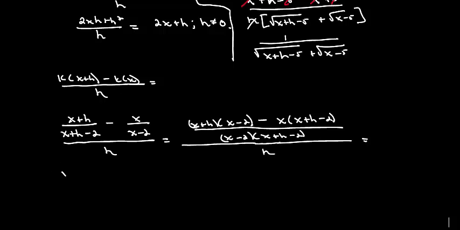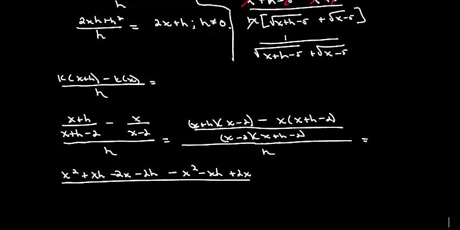So this is going to give me x squared plus xh minus 2x minus 2h. And over here it'll be minus x squared minus xh plus 2x. Now that's over this still, and you would think that it would probably be a good idea to multiply these together, but I'm going to leave them separate right now because it might help us.